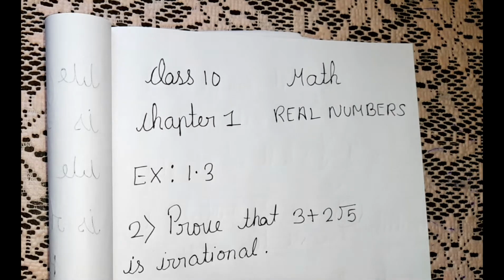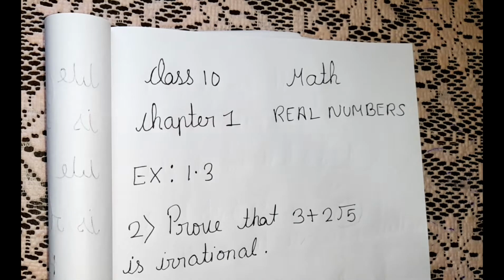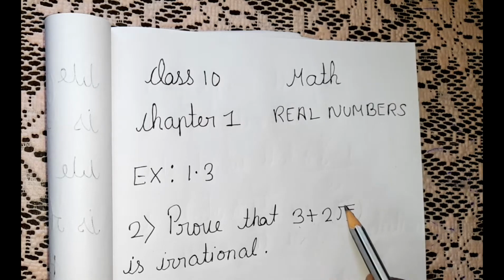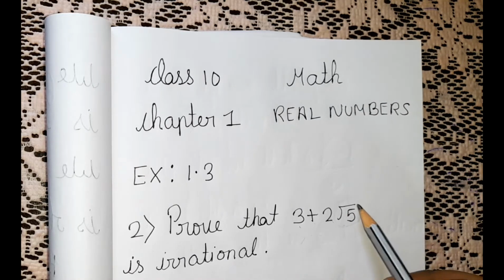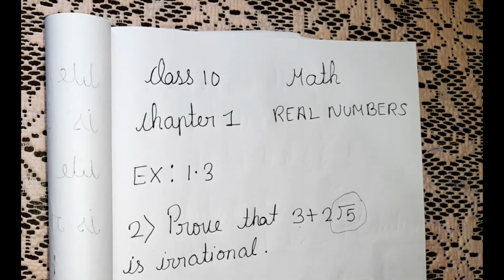But in the previous sum, that is the first question, we solved that root 5 is irrational, which was easy. So here also, when you understand this, it is really easy. We should prove that 3 plus 2 root 5 is irrational. For proving it, first of all we should prove root 5 is irrational.